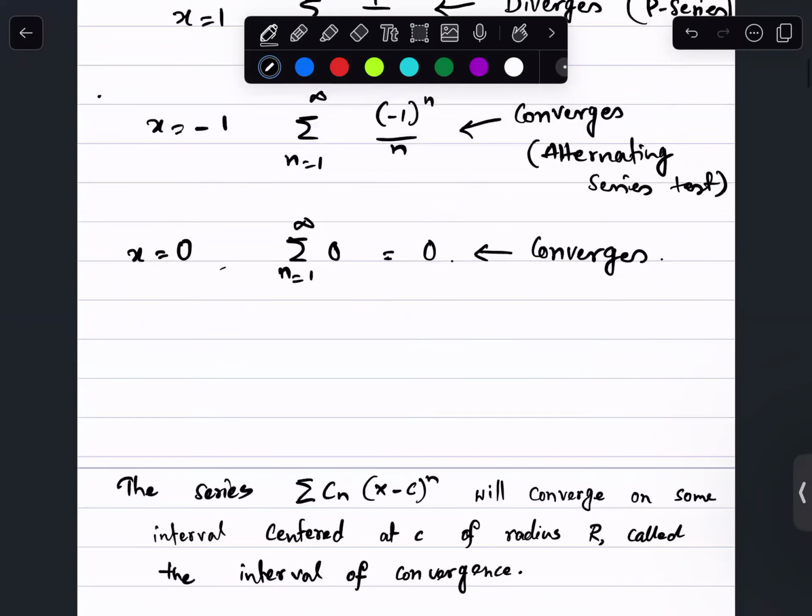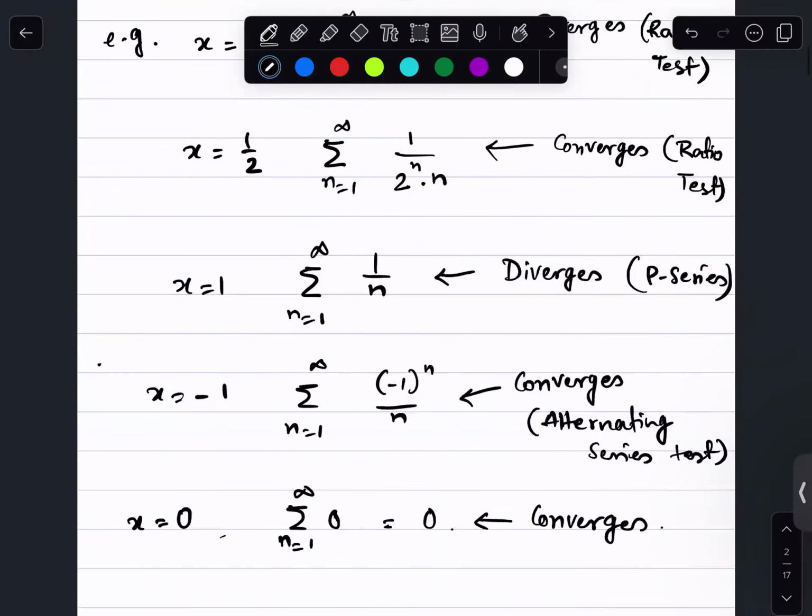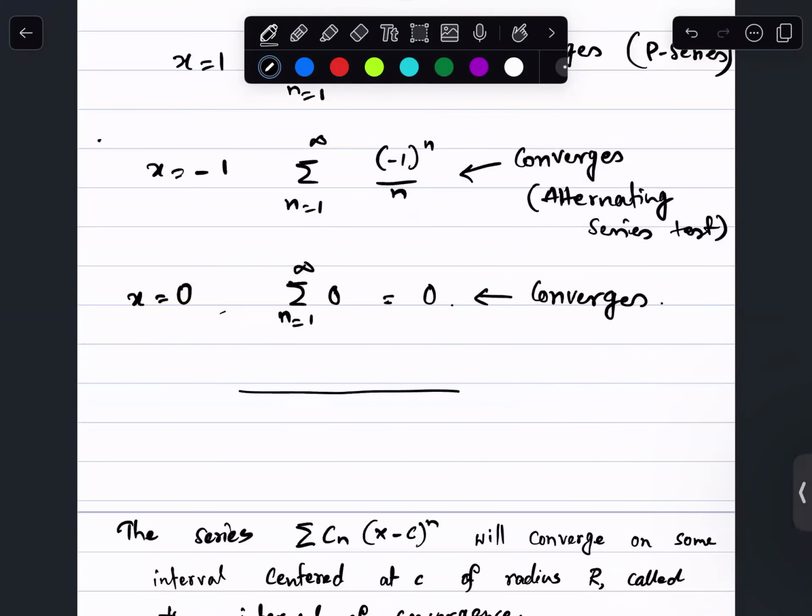So our primary guess is whenever x is between, say, -1 and 1, then probably the series will converge. Why?